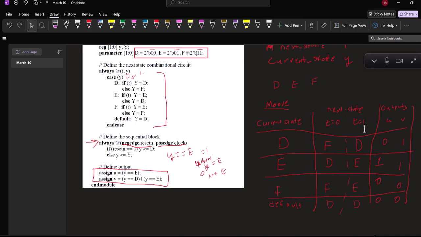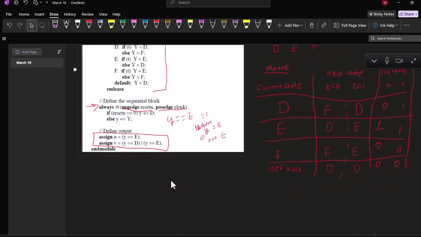Why for the state F, like for state E you have T is 1 is E, and then for F you have another E, but it's 0, and the one above it gives you a 1? For the outputs? Yes, ma'am. The outputs do come from the state. So to get the outputs, I'm looking at these lines right here.